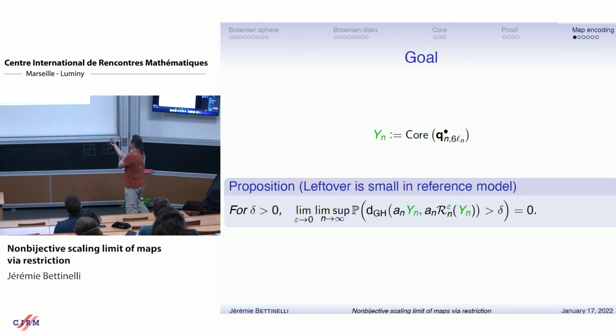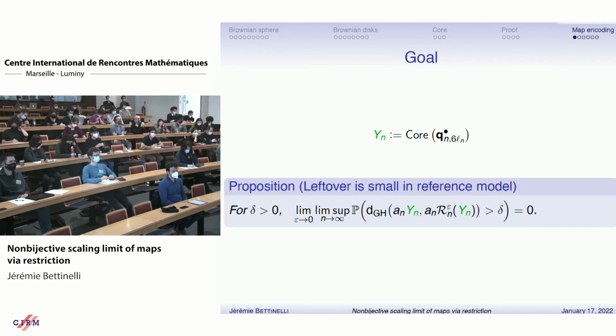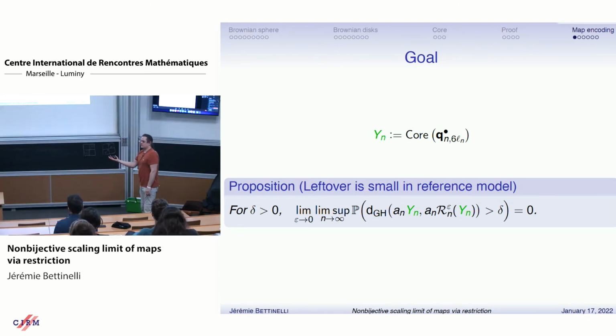So now for the other result. Here I will actually use a bijective method, but for my other model, not for the model I study. My point, once again, is to have the results of convergence for the model I want to study without using the bijective encodings of this model. But I am allowed to use the bijective encoding of the other model.